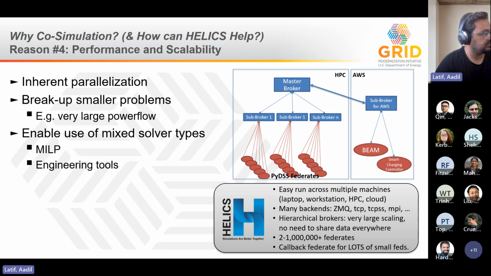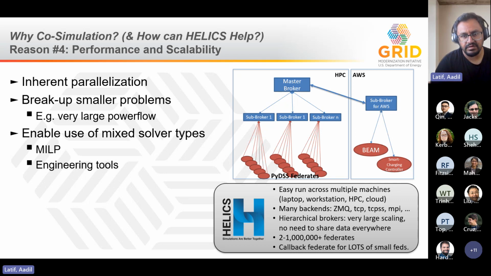It enables you to use a mixture of solver types. I've already alluded to this, but when you're talking about simulation tools, you've got many different types of simulation tools, right? Some of them might be discrete event, some of them might be continuous, depending on the nature of the simulator.